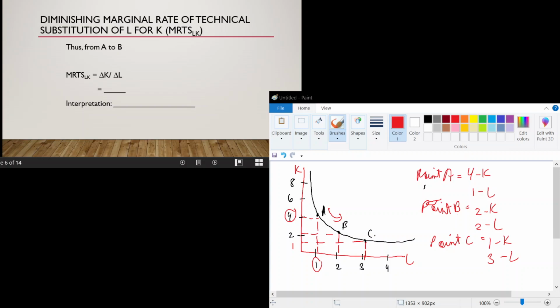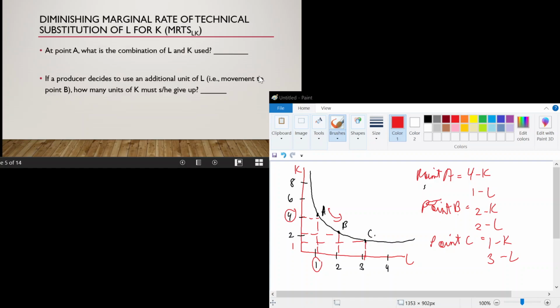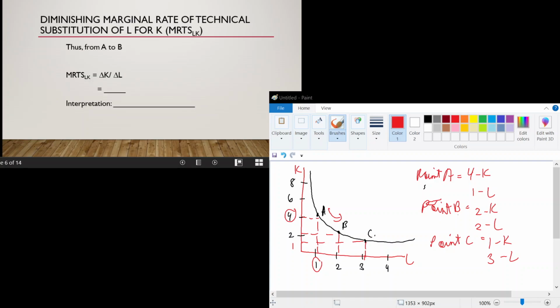So, alam natin na yung change natin is, di ba ilang beses na tayo nagkaroon ng formula na ganito, present K minus previous K over present L minus previous L. Okay? So, tignan natin. Sabi dito, from point A to point B.